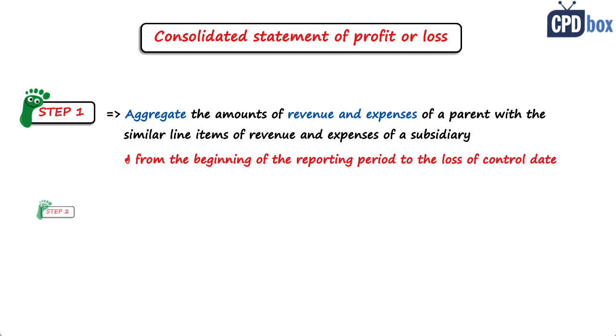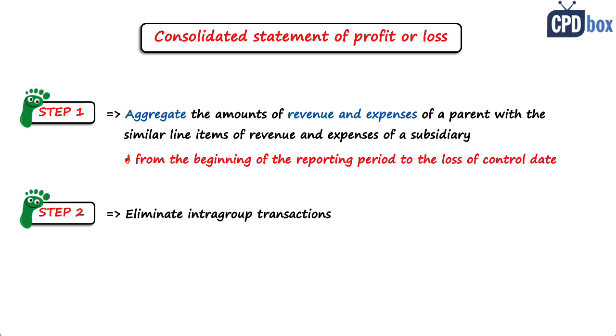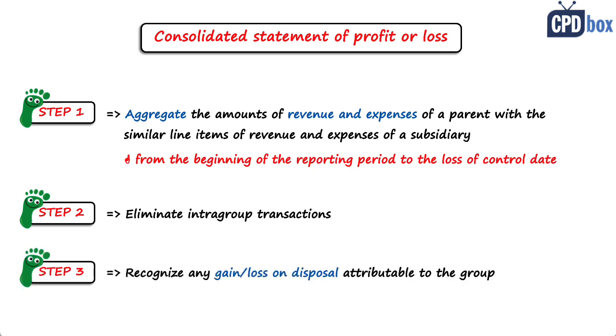The step number 2 is to eliminate intragroup transactions. Here we have none due to simplicity, so we are not going to do that right now. But be careful, again, you do this only for the period with control. The step number 3 is to recognize the group's gain on disposal of a subsidiary.